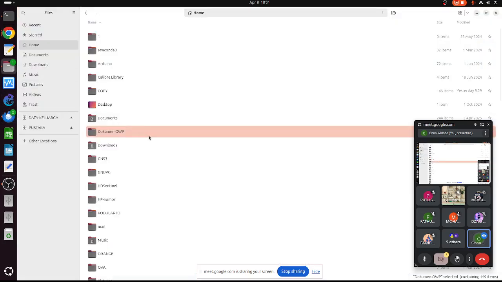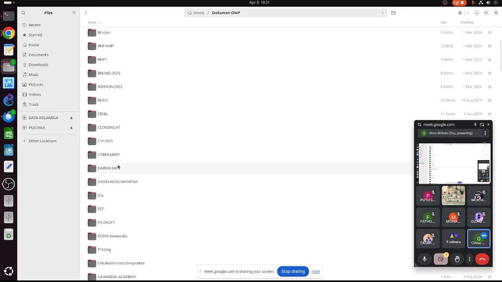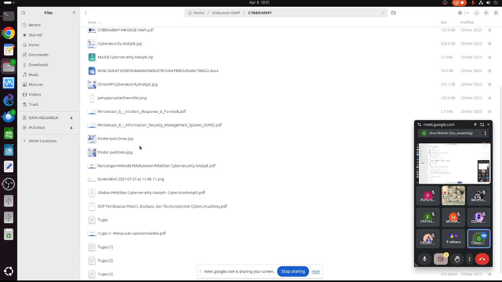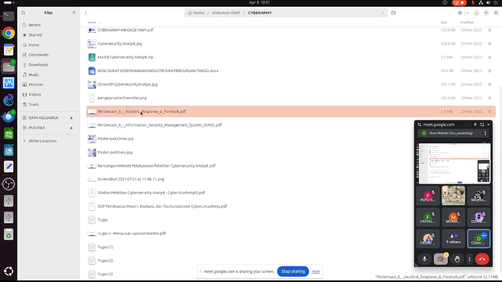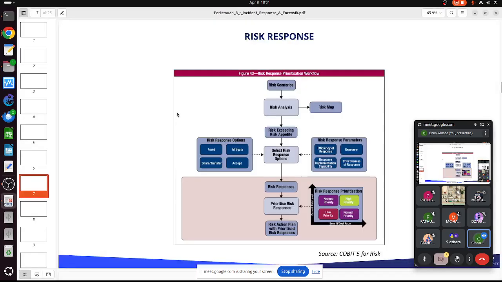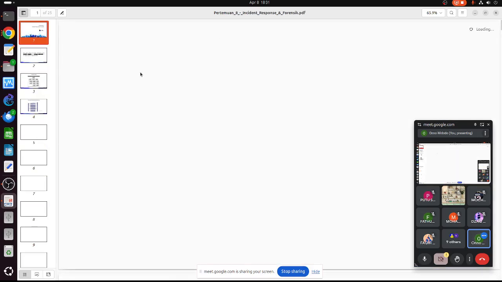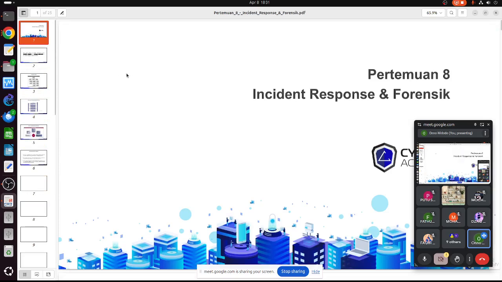So this is the file. This file is from Cyber Army, basically. Where is it? Okay, this one. Okay, this is the risk. I think I need to introduce Cyber Army first.